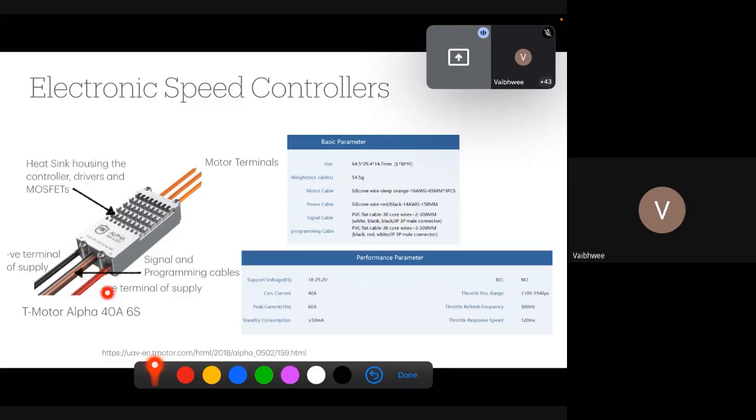Then you have the positive terminal and the negative terminal which get connected to the power source, which is typically a battery. The signal cables get connected to the autopilot, and the autopilot is the one which generates PWM signals. The PWM signals come into this controller, which accordingly drives the MOSFETs to change the voltage profile that appears across these 3 orange wires that you see.